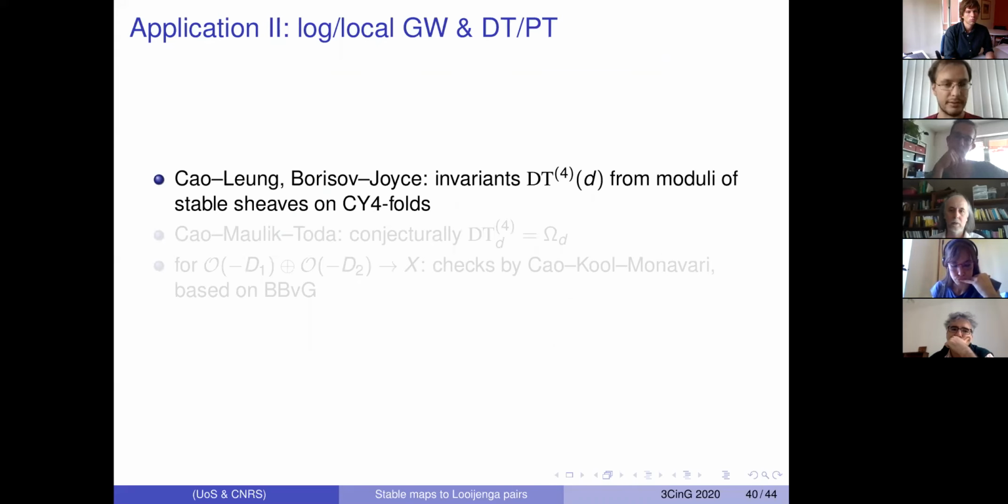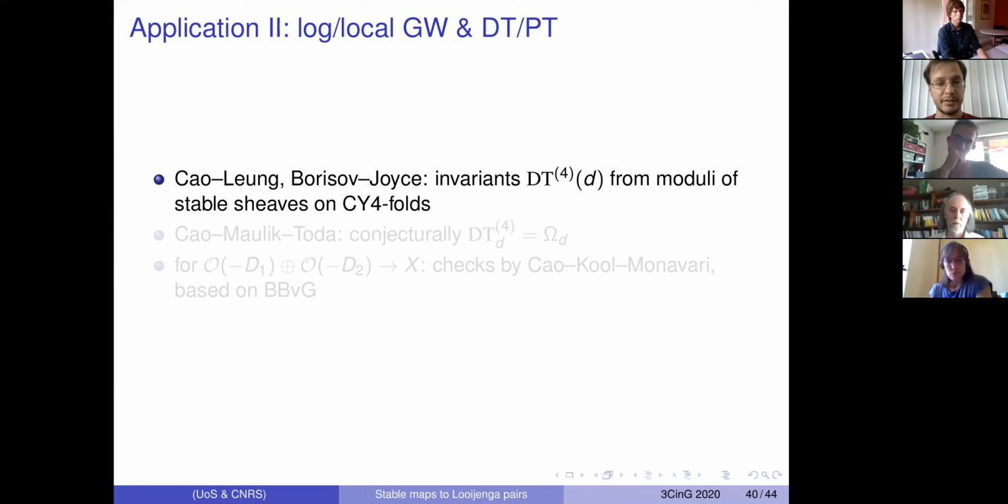One application is that there have been proposals to define Donaldson-Thomas invariants for higher dimensional Calabi-Yau manifolds. First from Cao and Leung in some cases, and then by Borisov and Joyce in greater generality, in terms of Gieseker stable one-dimensional sheaves, and under some technical assumptions about the existence of an orientation of the moduli space, invariants can be defined.